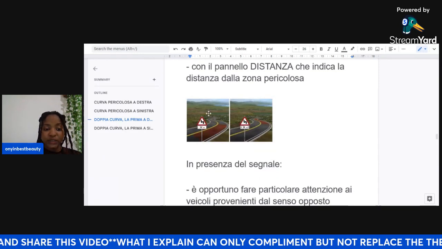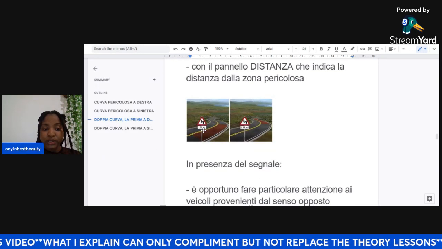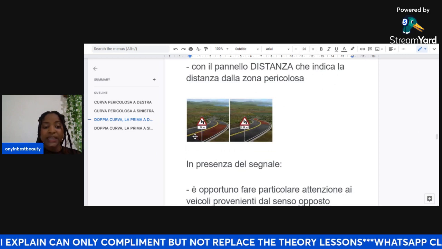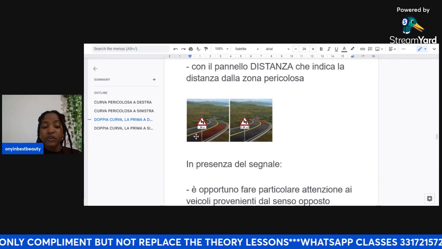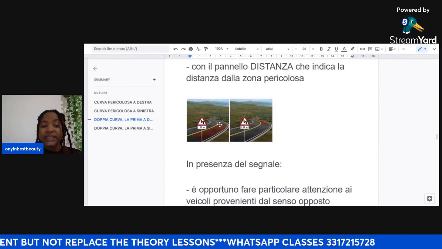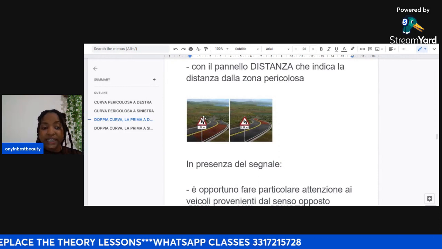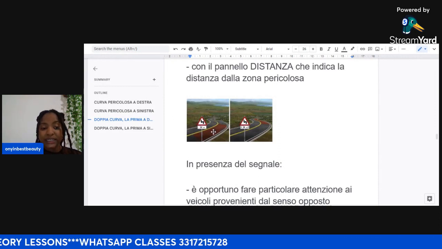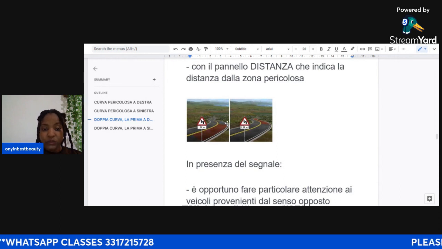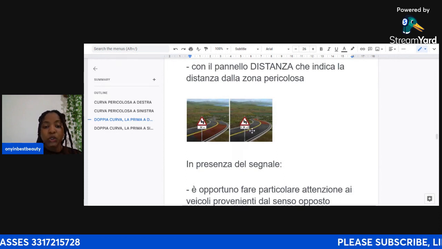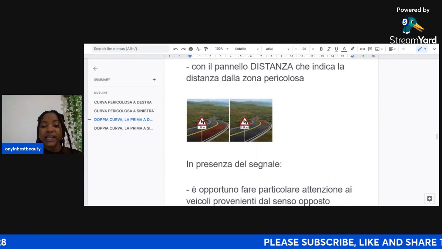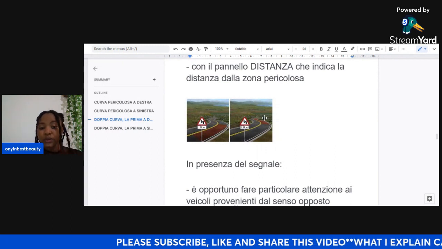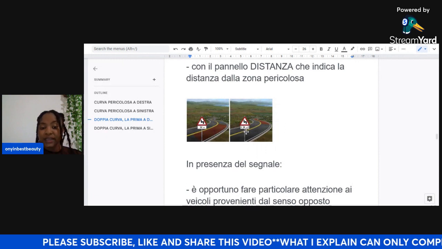Now, when you see a picture like this over here to my left, it's telling you 32 metri. 32 meters, okay, is giving you the distance between where you're seeing this segnale di pericolo to where you're going to start seeing the curva. Okay. Now, this one, you don't already see the curva. It's giving you the length of this particular road, meaning 38 metri, the length.